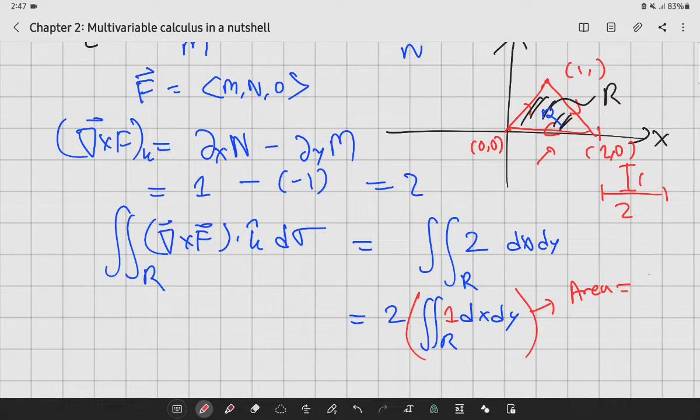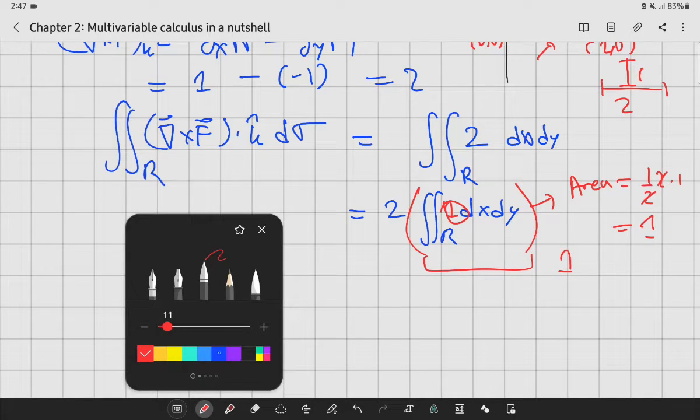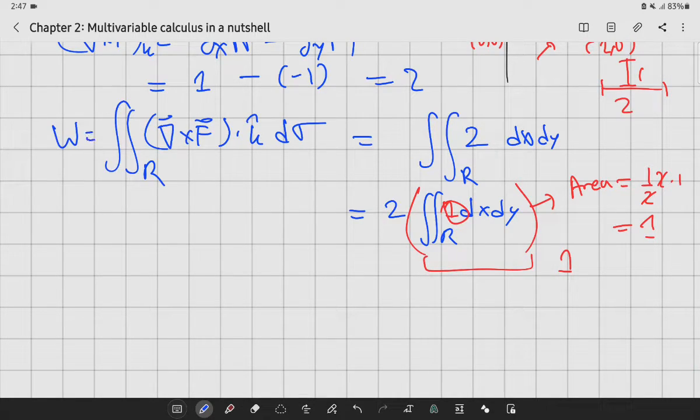Area is simply 1/2 times 2 times 1, which is 1. So you can directly say, without doing the integral, that this is 1, because the integral of 1 over the region must give you the area. So we can clearly see that this W is going to be equal to 2.